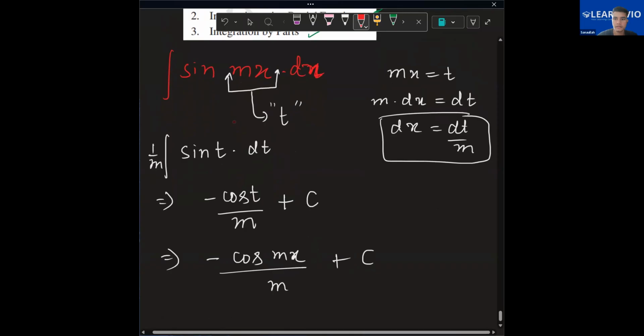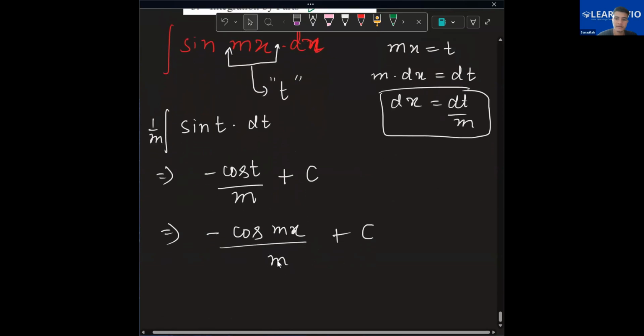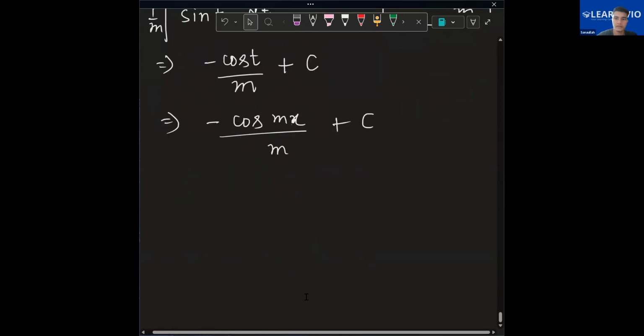Yes, sir. Okay. When you are substituting something, then you have to differentiate that part also, and you have to change your with respect to. ठीक है, उसको उसके respect में लेके जाना है. Then after getting all the things, we will just put it back.